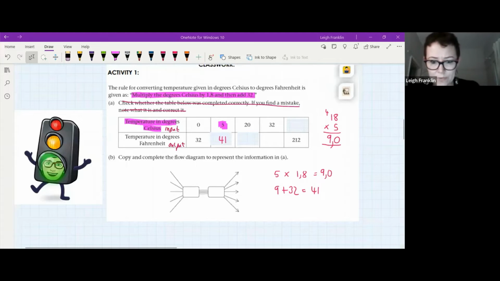Let's see who's finished. How many people are done? There's a few people that are done. Those people that are done, you can also represent the information in the flow diagram while you're waiting.